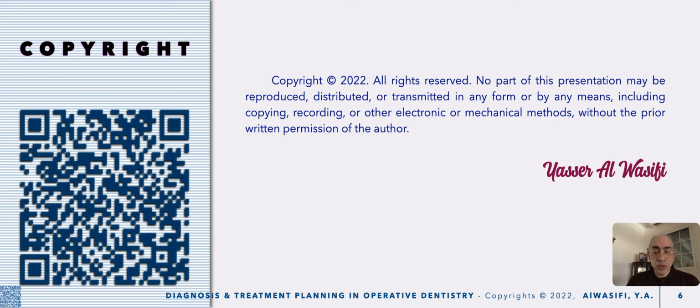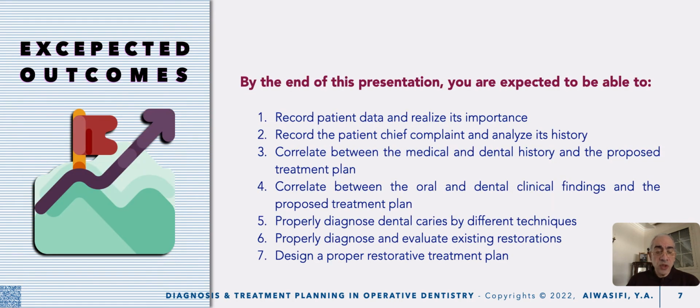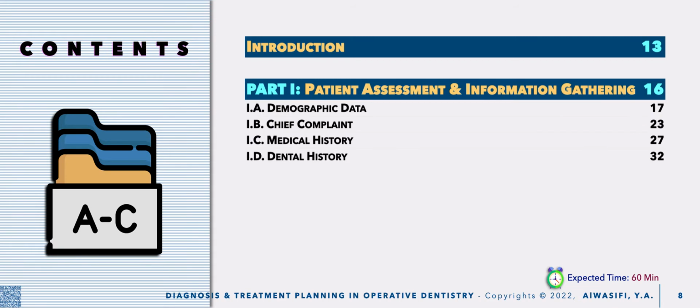Today we will continue to properly diagnose and evaluate existing restorations, as we already finished how to diagnose a freshly introduced carious lesion at different levels, early and late stages. In part 1, we already discussed patient assessment in terms of demographic data, chief complaint and its history, medical and dental history.